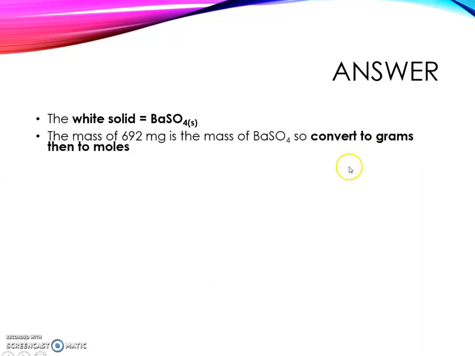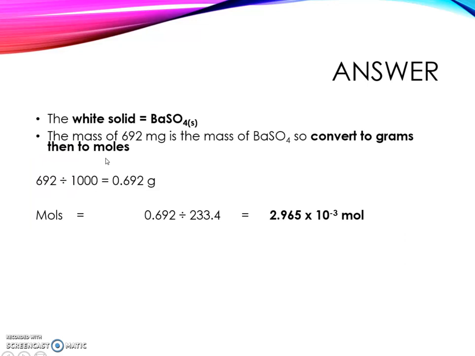So the 692 milligrams is the mass of barium sulfate formed. So what we need to do is convert that mass into grams, and then once it's in grams, then we can convert to moles. So divide by 1000, and then divide through by the MR of barium sulfate, which is 233.4. So this equals 2.965 times 10 to the minus 3 moles.